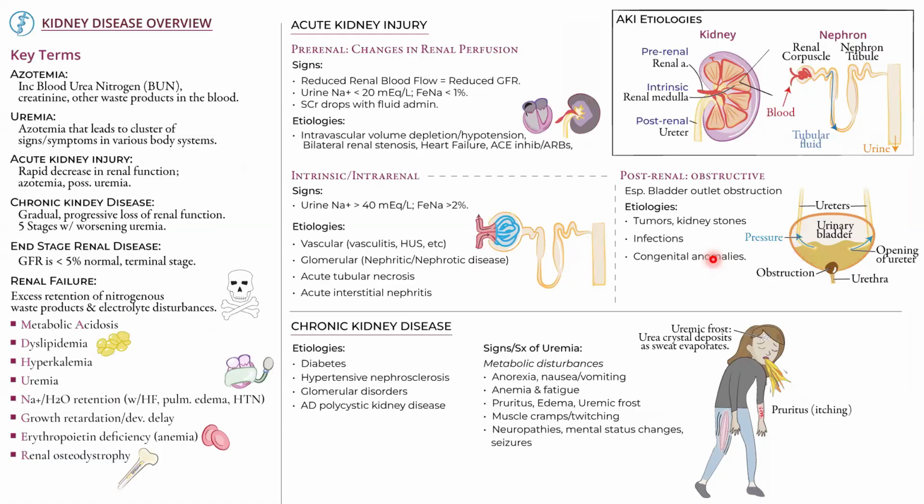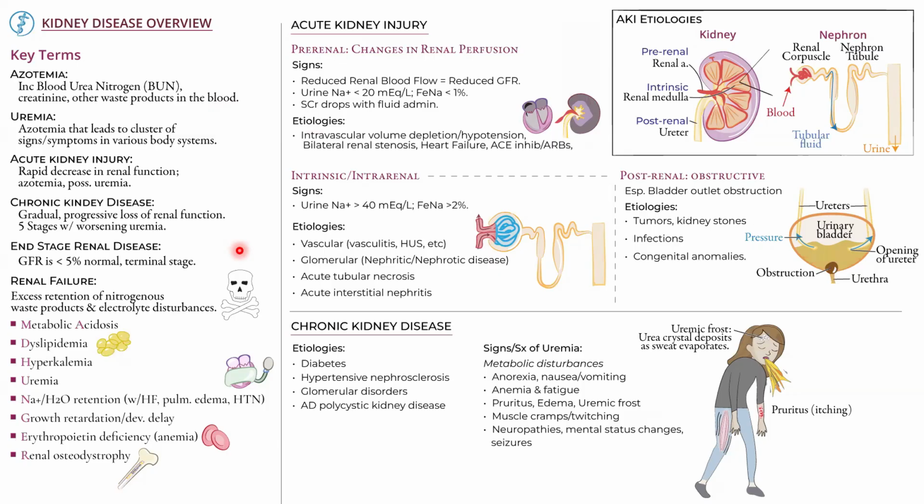So allow me now to go to kidney injury. For the kidney injury, I'll just help you understand the causes of kidney injuries. And you can divide them into three.